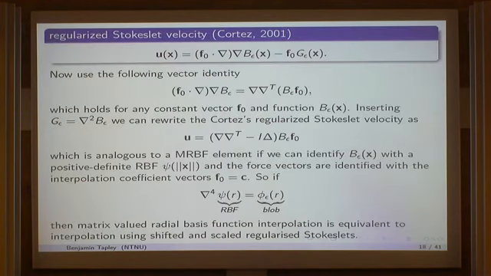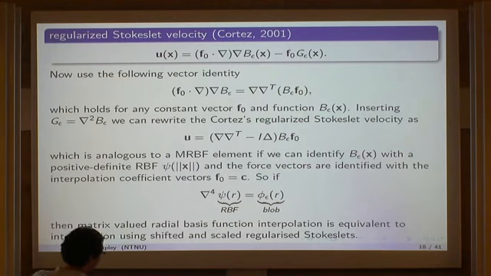Well, we can actually do that by the following. So we have a regularized Stokeslet here. I've just rewritten it again. We can use this vector identity, which is not so obvious when you look at it, but it's quite simple to show.